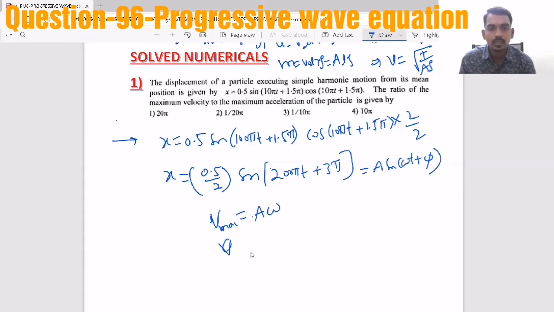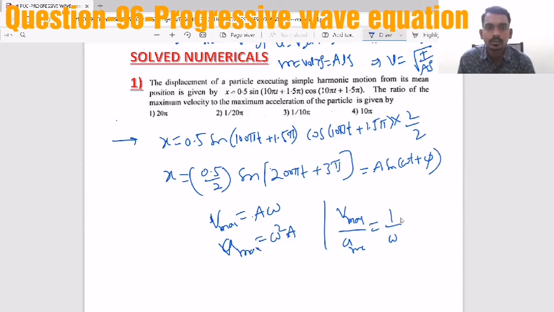Maximum acceleration is omega square A. Now the ratio of V maximum to A maximum will become 1 by omega. Now what is there in the place of omega? 200 pi is there. So 1 by 200 pi.